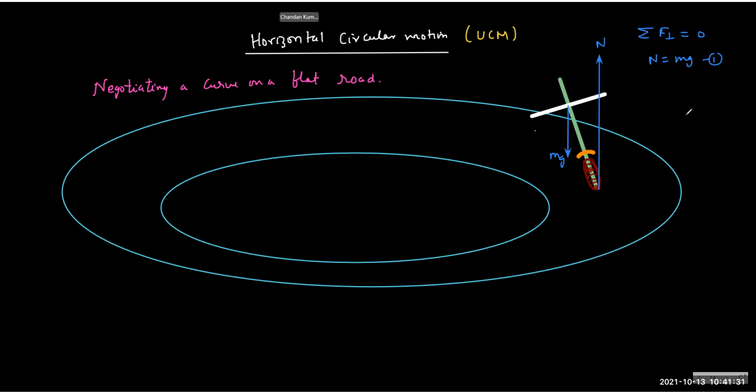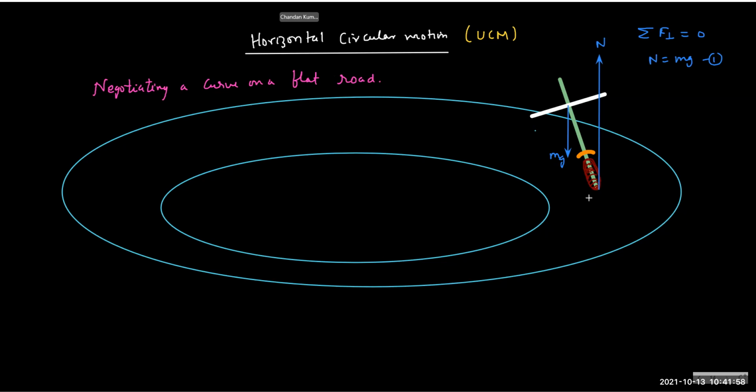So now we need to ask the question: who will turn the bike? Which force will do this job? We have no force left actually. We have only one force left, that is the friction. And the nature of friction is that it acts opposite to the tendency of relative motion.